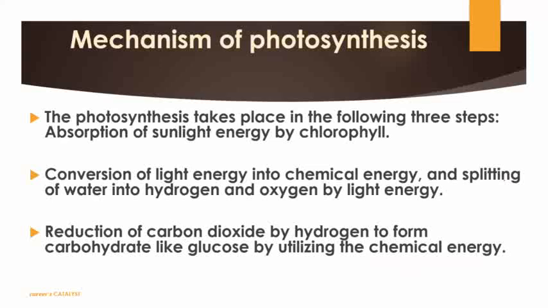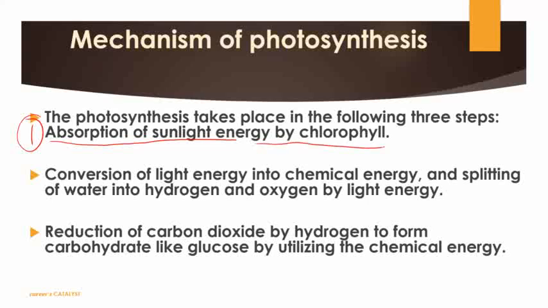The mechanism of photosynthesis is a very important process by which the plant is able to prepare its food. There are some steps. By using these steps, the plant is able to prepare its own food by using inorganic material. The first step completed by the plant body in the process of photosynthesis is the absorption of sunlight energy by chlorophyll.